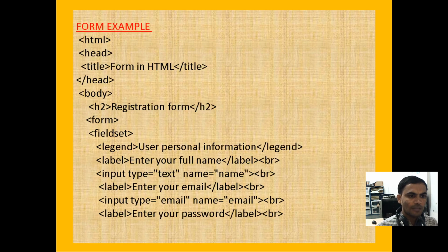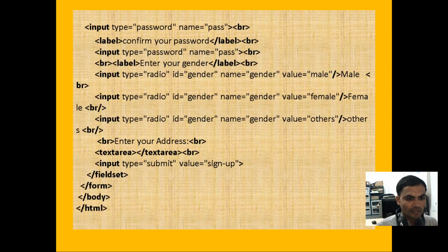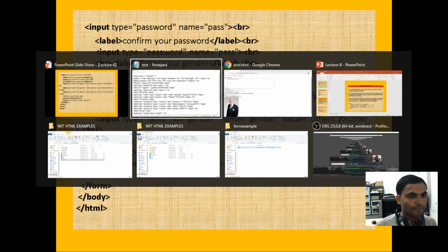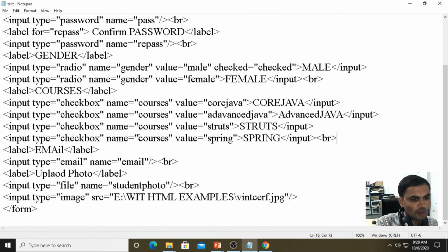Now coming to submit, we have the submit button. It means if you want to perform the event, then after the image, I'm closing the BR tag, then input type equals to submit, value equals to submit.